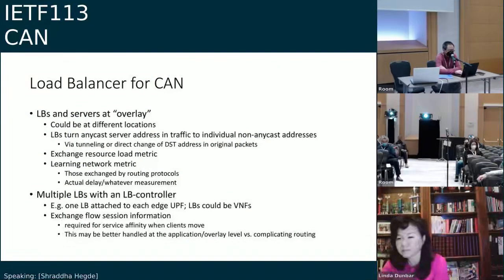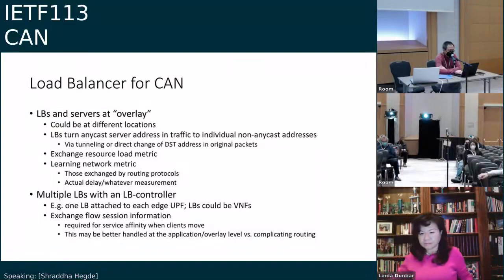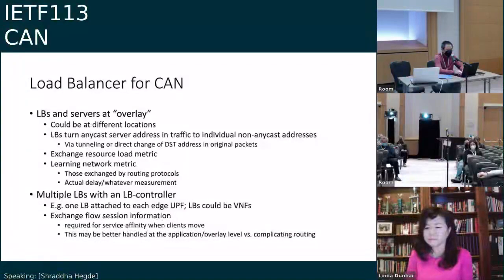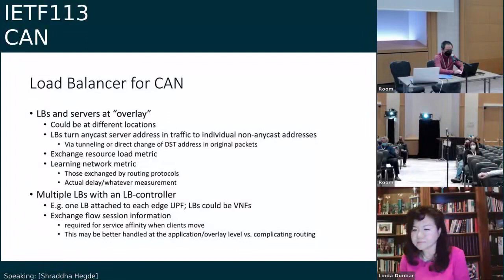So knowing what the load balancer can do and what the network controllers can do, this is an analysis of whether the load balancer can be used for the requirements posed by CAN. The load balancers and the servers are at the overlay. They're not really in the routing layer. They are in the application layer. They turn the server address into an individual non-anycast address, the individual site address. When the load balancers do that, they use information on compute resource availability and the load on the compute resource.